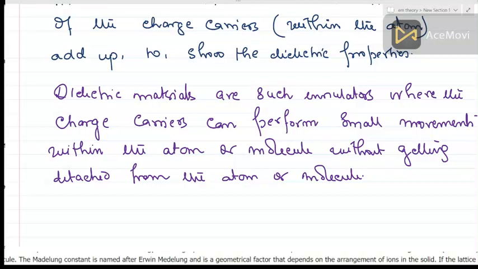This is dielectric material. They perform motion but keeping themselves attached to the atom or the molecule.